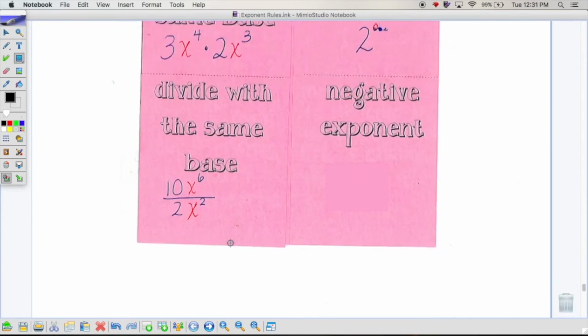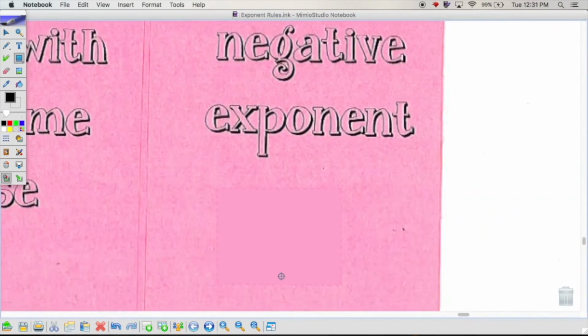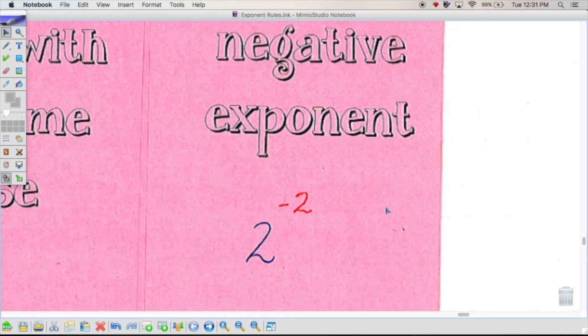Okay, one more. Let's take a look at a negative exponent. An example of a negative exponent problem would be 2 to the negative 2 power. So write that on the outside of your foldable. Okay, if we were in class, I would ask to see if anybody knew what the answer to 2 raised to the negative 2 power is.